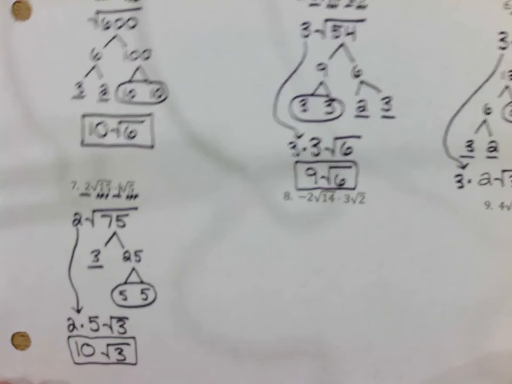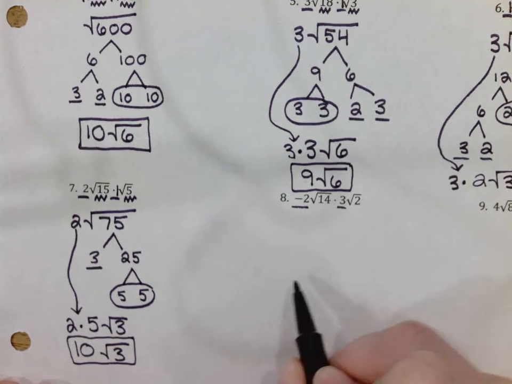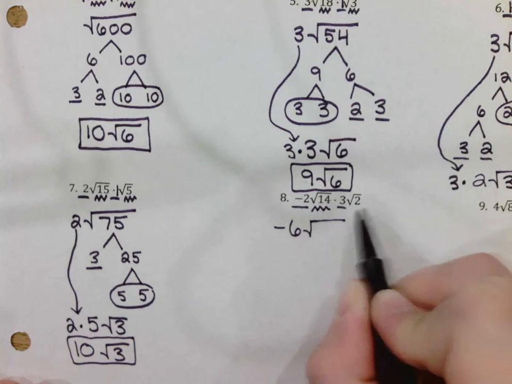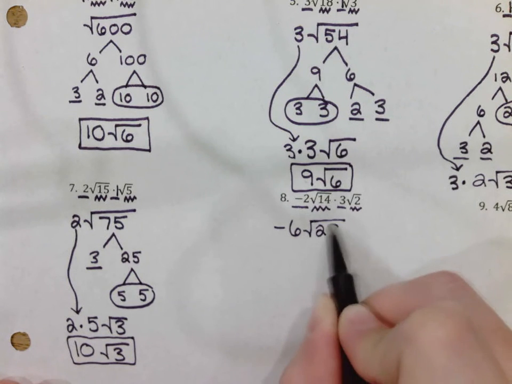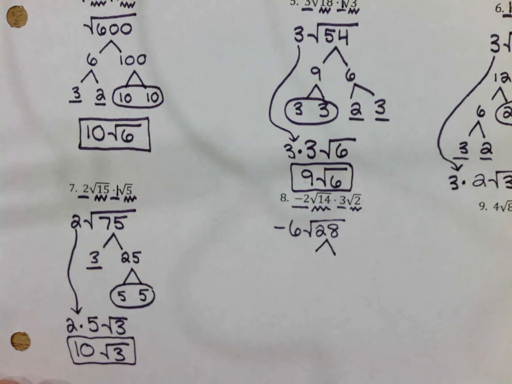All right, and so for the last two, I threw in some negatives, but it really doesn't change things. Same rules. Outside times outside gives us -6. Inside times inside gives us 28. And we can simplify that. Two numbers that multiply to give us 28, we can use 7 and 4.